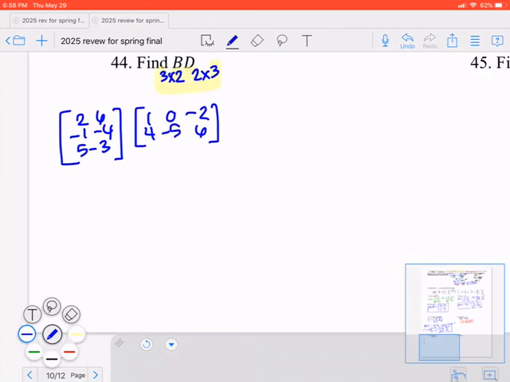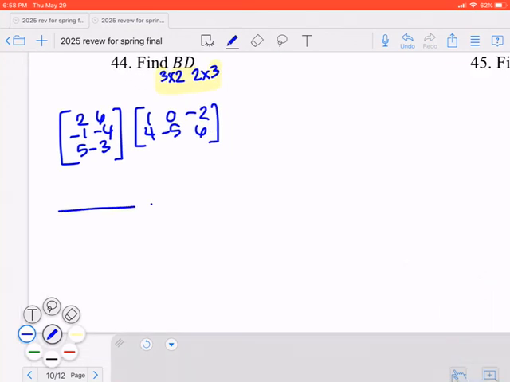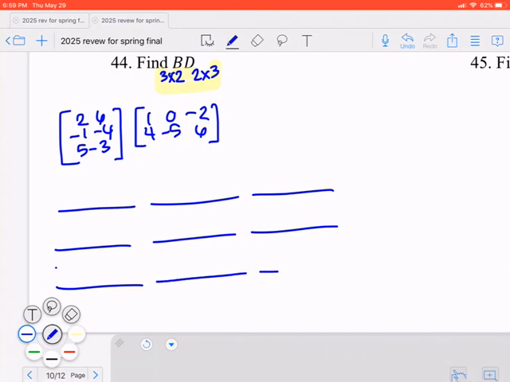So I'm going to build a 3 by 3 for my answer matrix. And now we're going to go first row by each of the columns one at a time. That gives us our first row. And then we'll do second row by each of the columns. That gives us our second row, etc.